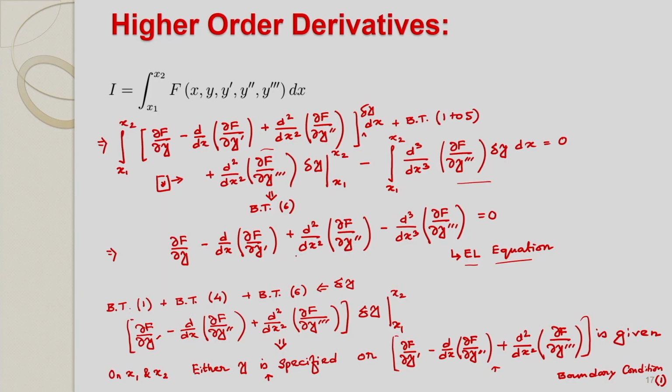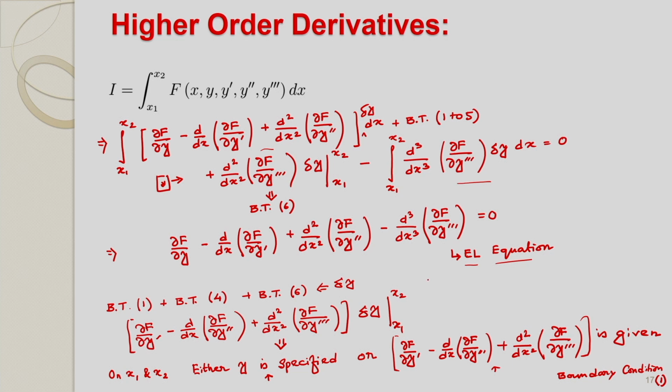So, thus we can see when we have a functional having higher order derivatives, then we have this governing differential equation. We have one governing differential equation for one dependent variable, where you can see there is a pattern, the sign is changing alternately.